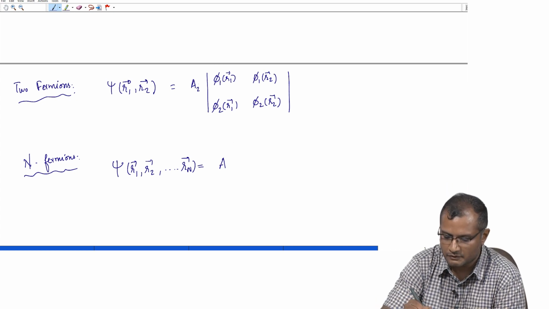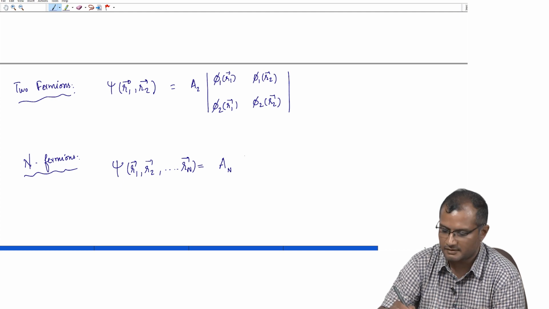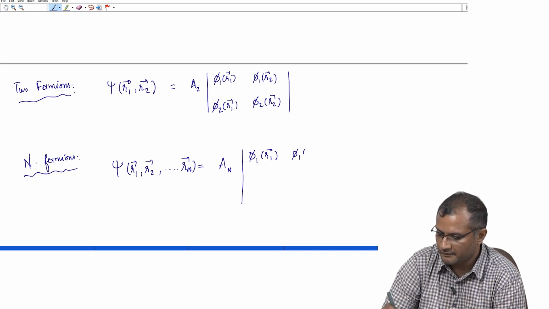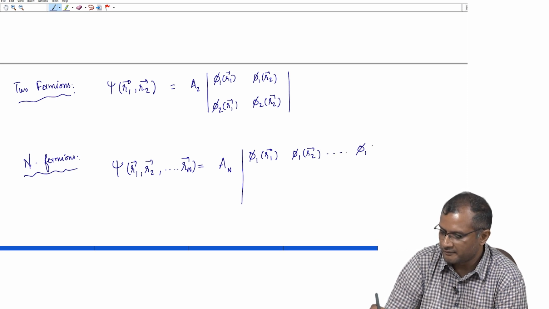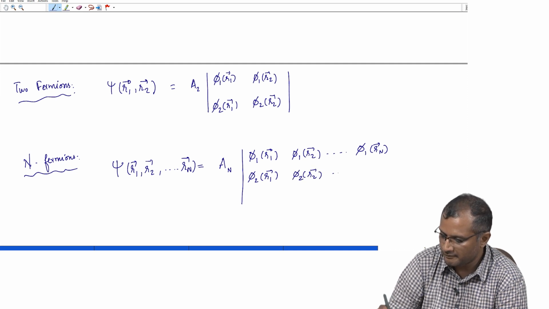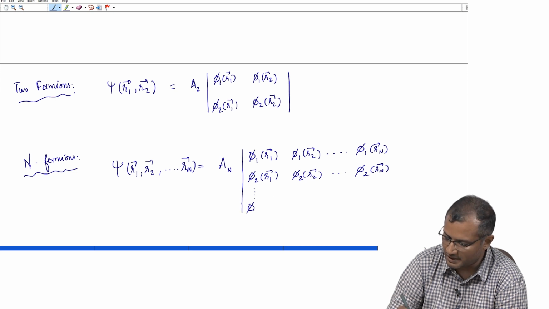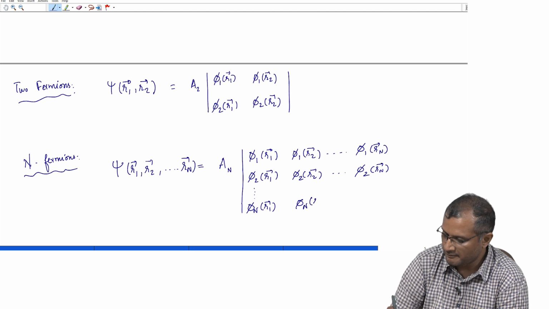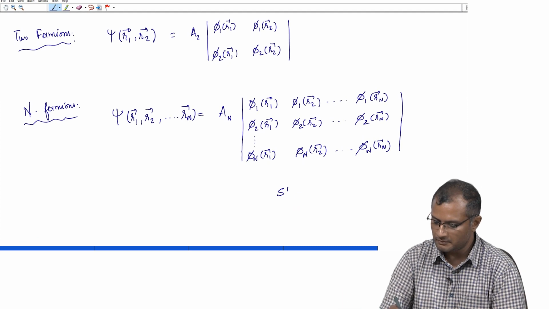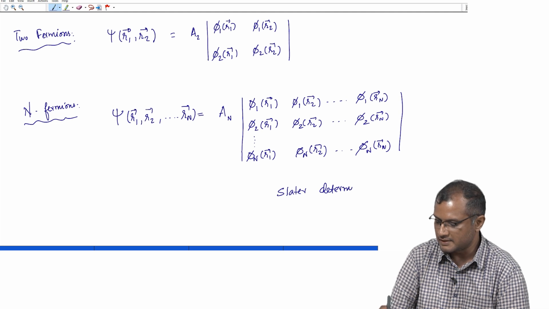I will call this A2 for 2 particle normalization, and for n particle normalization, phi 1 r 1, and the last row being phi n, is called a Slater determinant form for historical reasons.